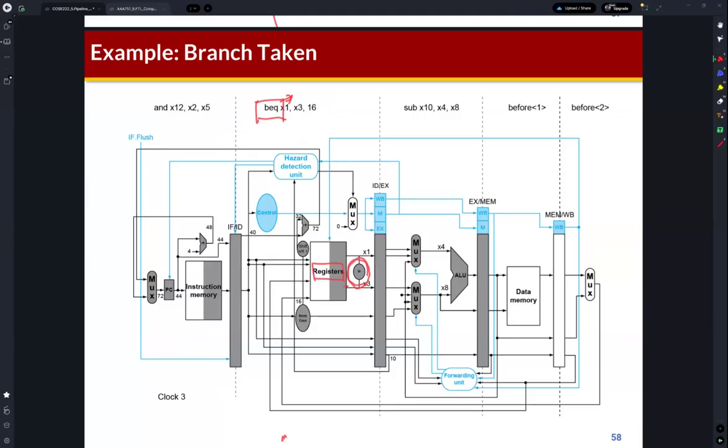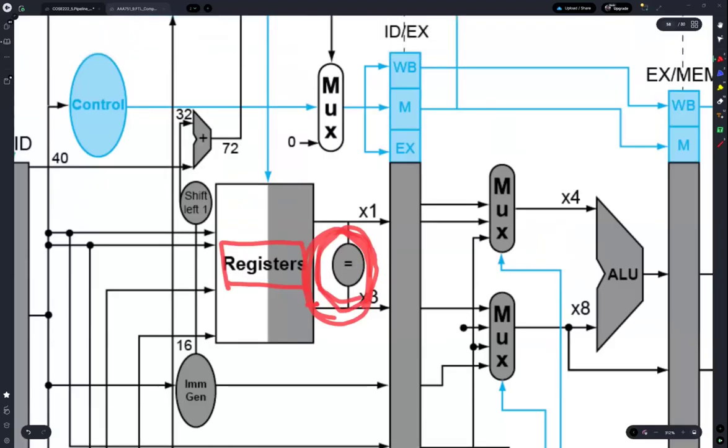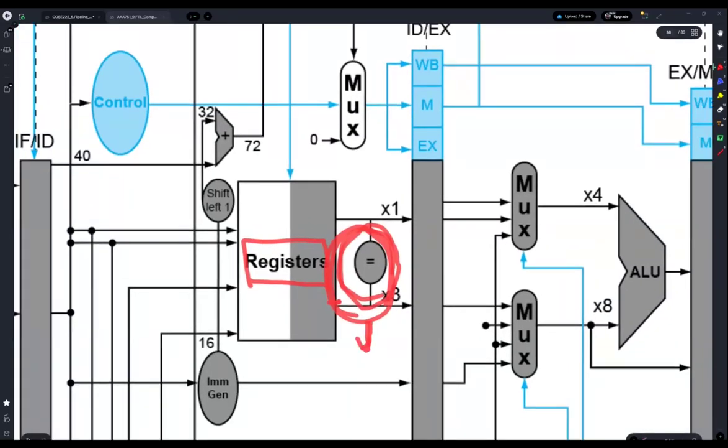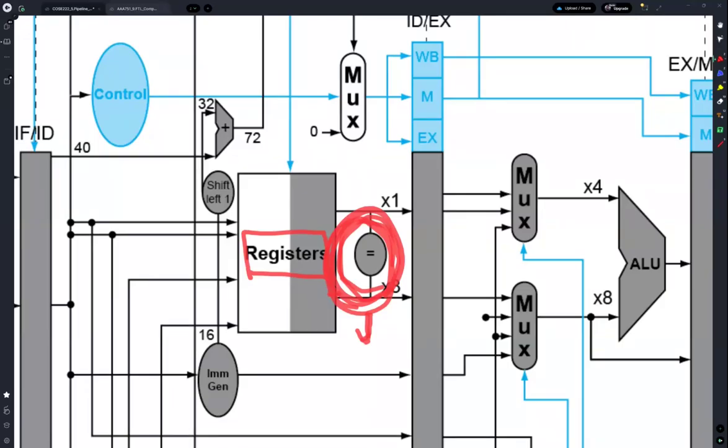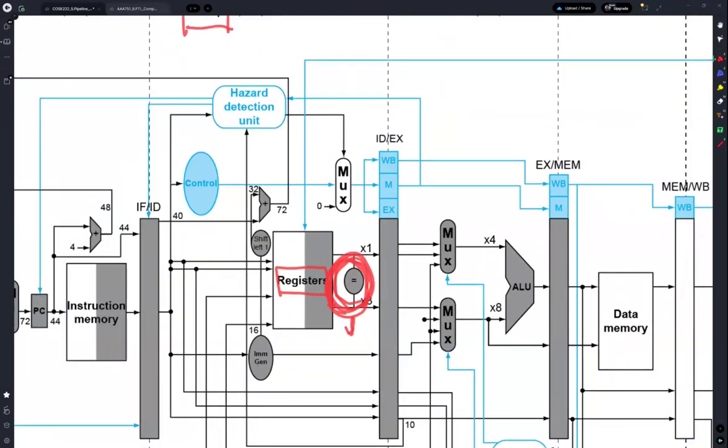The problem is the branch is determined late. So the solution is that we can detect the result of a branch instruction earlier by using equality check logic. If you see this solution, you can find that the equality check logic is just after the register file. And as I mentioned, this equality check logic is very fast compared to the adder or subtractor.